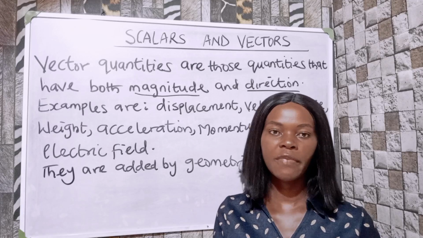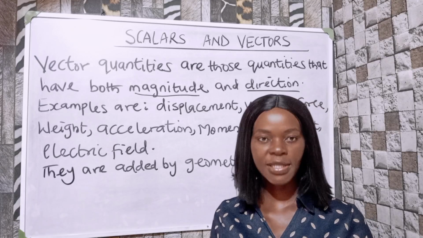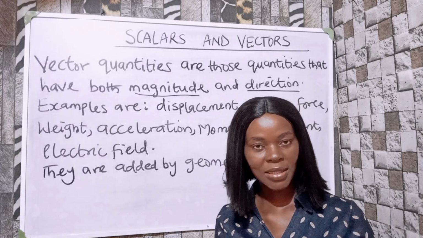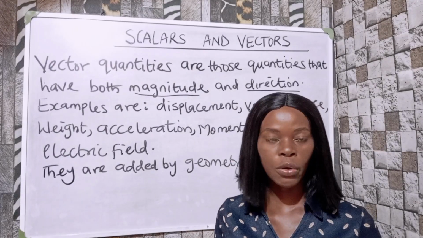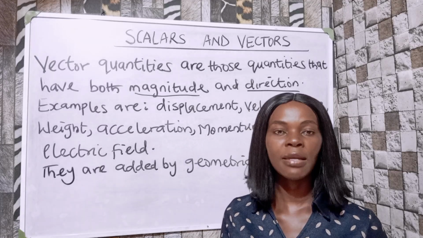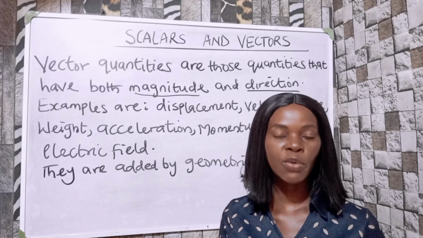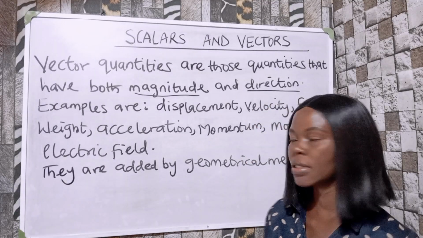If you are solving for a vector quantity and you get the magnitude or the resultant without solving for the direction, that means your answer is wrong. Because for a quantity to be a vector, you must find the magnitude and also find the direction.